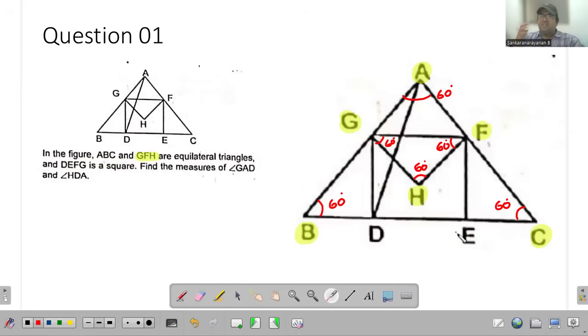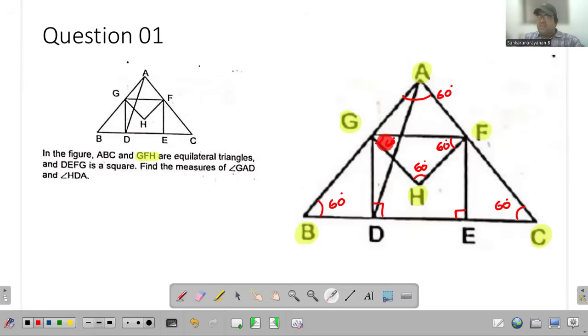This DEFG is given to be a square, right? So I can consider that this will be 90 degrees and this will be 90 degrees. Same way, I can consider angle DGF. This has to be 90 degrees. And angle GFE also should be 90 degrees.